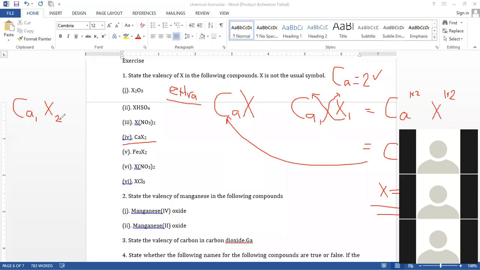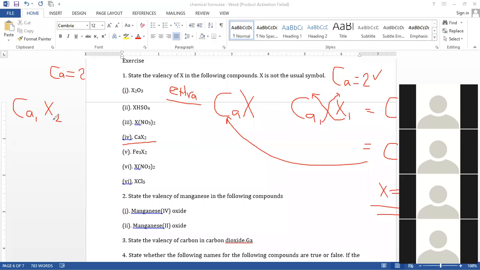So those who are working with me, join in. What is the valence of calcium? 2. Before we get the valence of X, the valence of calcium must be 2. We have to make sure that they are fine there.